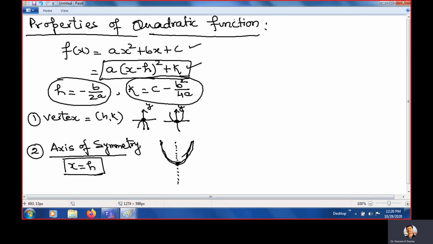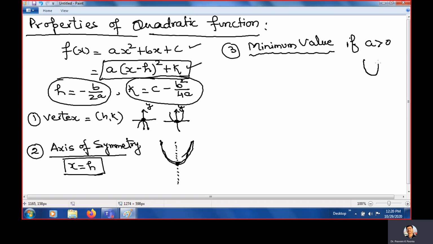Now number three is the minimum value of the function. When will the minimum value exist? The minimum value will exist if a is greater than 0. Here we have the minimum value. Clear?